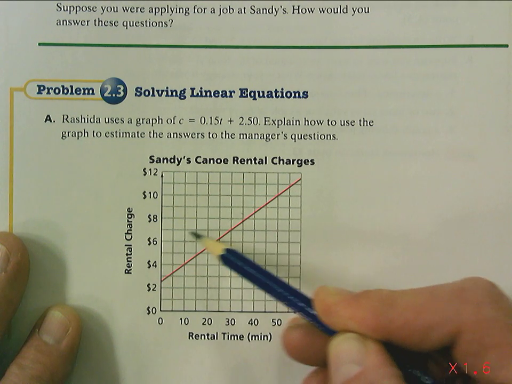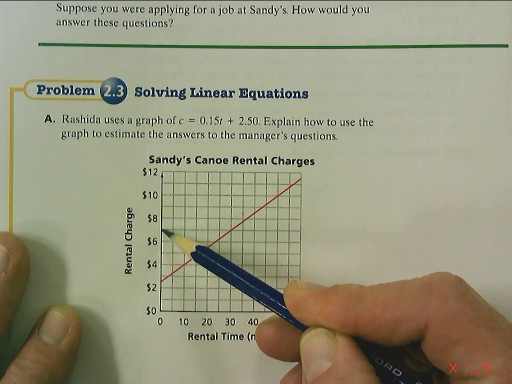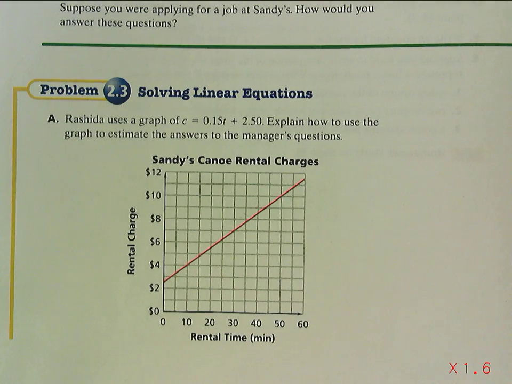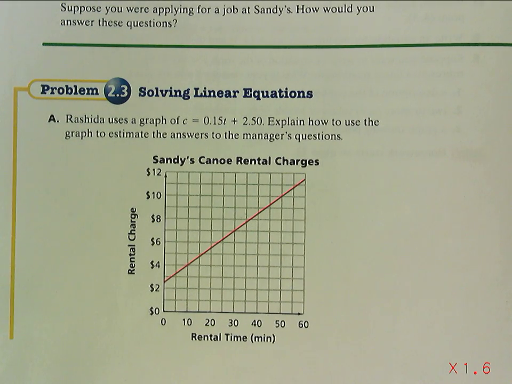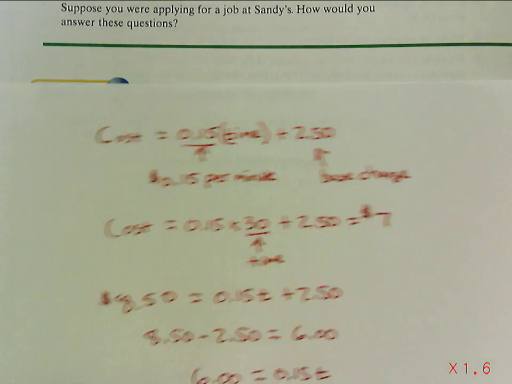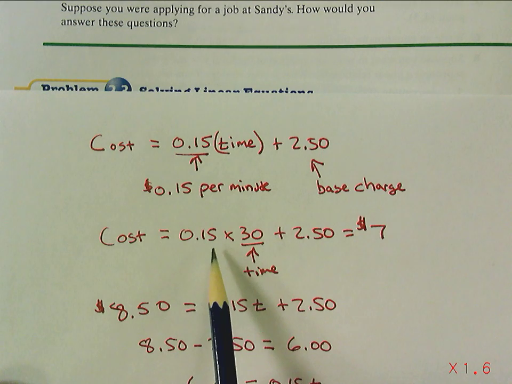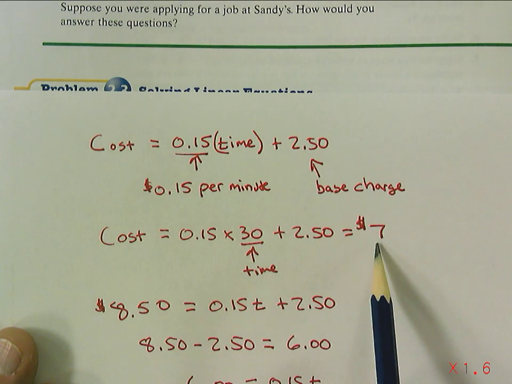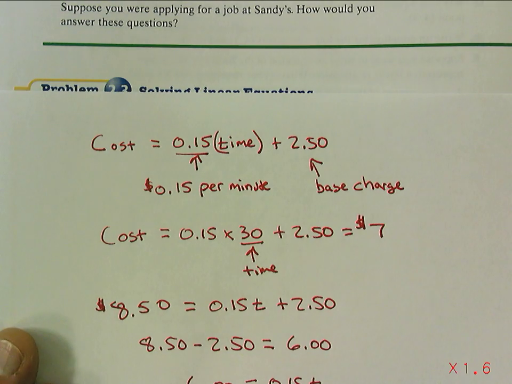And then if you go over, that charge is $7, which is what we had calculated earlier, $7 for 30 minutes, when we actually did the calculations in a previous example for this problem. That was our first one where we looked at 15 cents a minute times 30 minutes plus the $2.50 equal to $7. So we could have found that on the graph just as well.